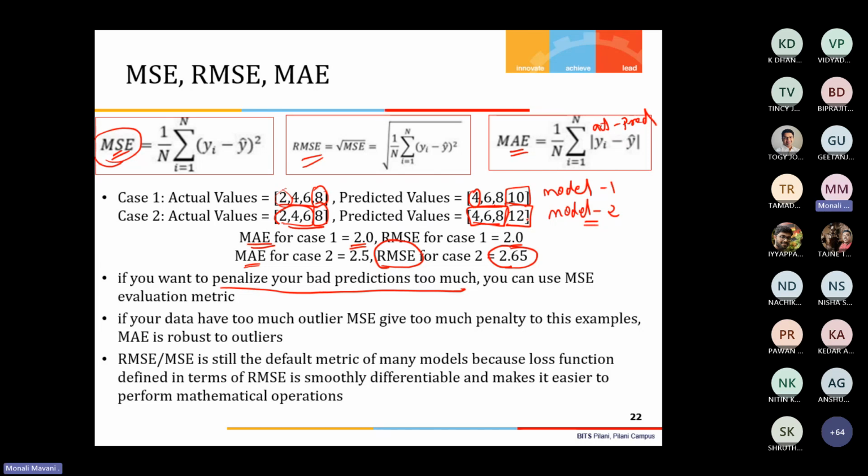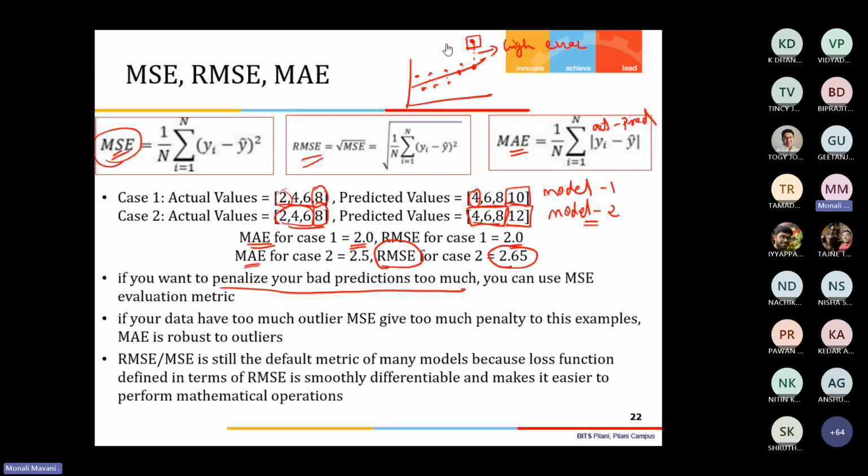Now think of a situation where you have an outlier. This is my data point, this is the regression line, and we have some outlier here. When we take the error, definitely for this outlier the error is going to be very high, and then we take the square of that error.